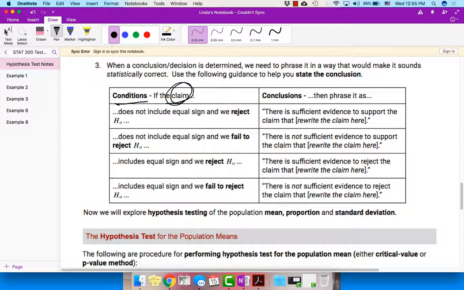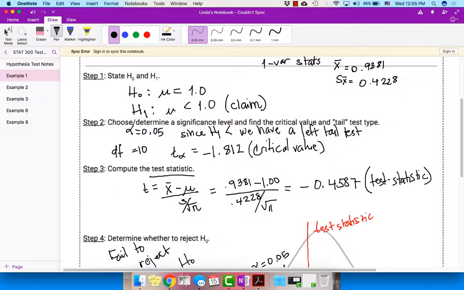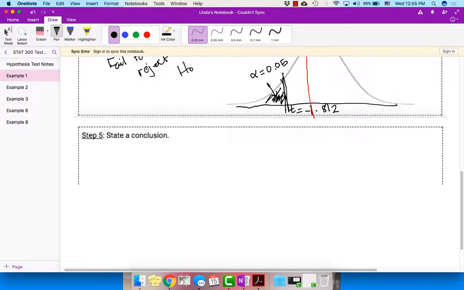So the way that we're going to word the conclusion is going to be based on this, for our example number 1. Let's state that. Since the claim does not include the equal sign, and we fail to reject the null hypothesis, then we can say that there is not sufficient evidence to support the claim.